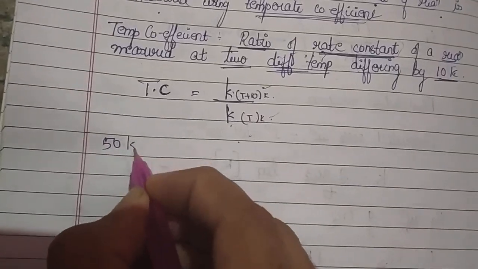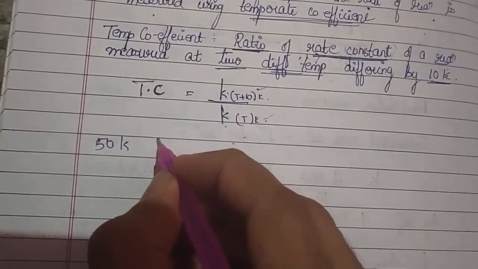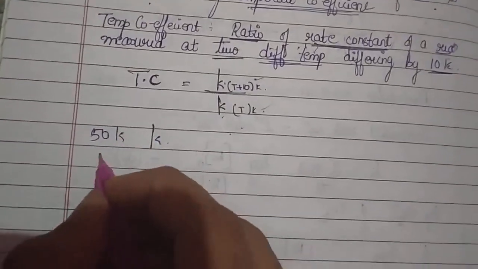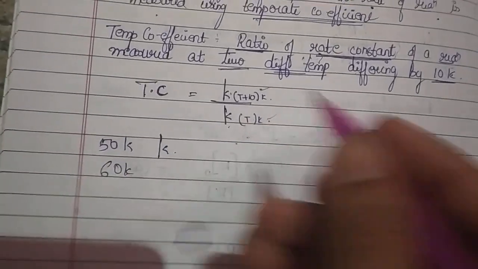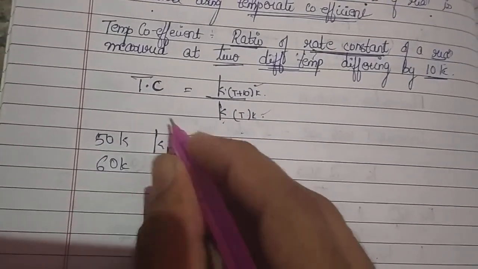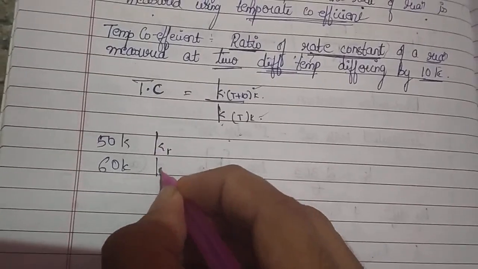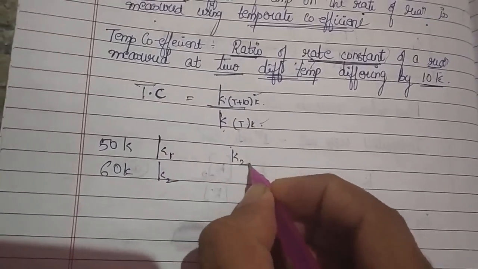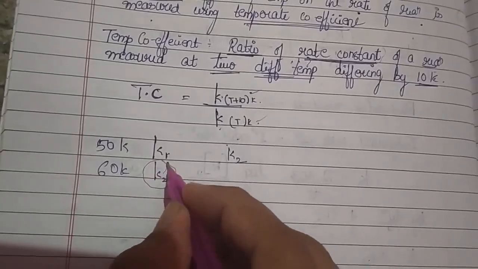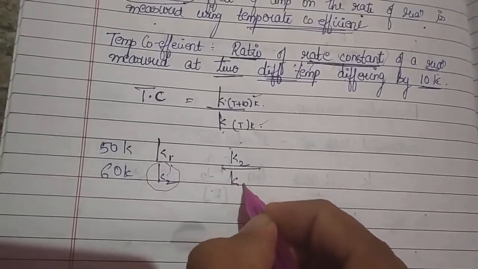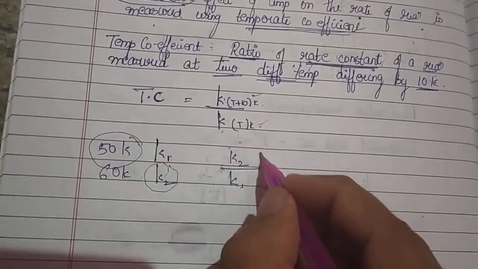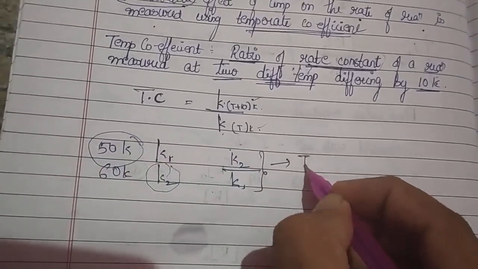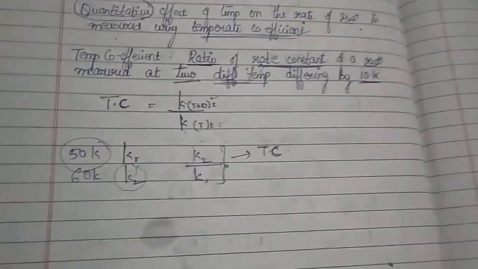In simple words, for example, at 50 Kelvin you have done a reaction and calculated the rate constant, and at 60 Kelvin you have done one more reaction with the same reactants and obtained K2. Then the rate constant obtained at 60 Kelvin divided by the rate constant obtained at 50 Kelvin is called your temperature coefficient.